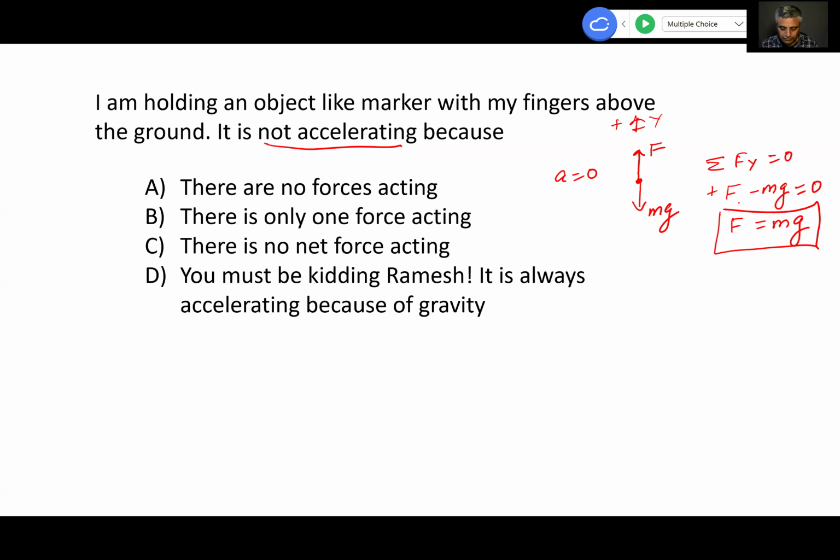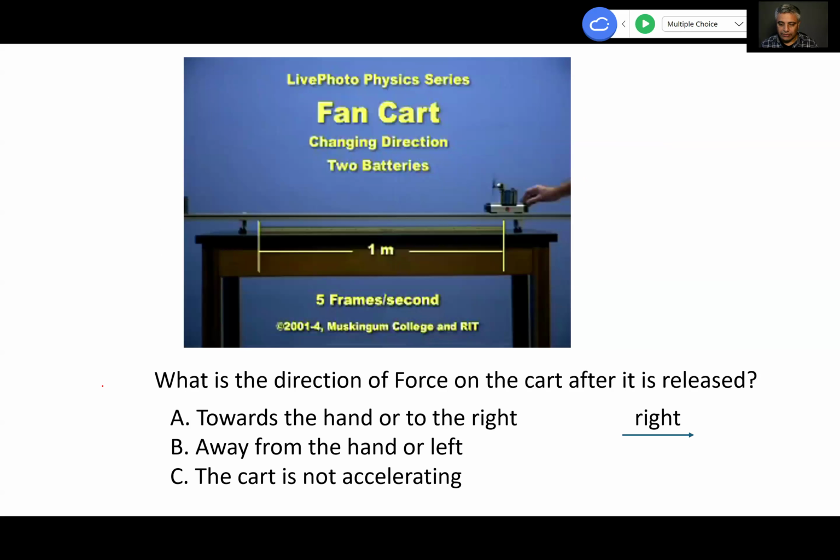So now here is a video of an object. We call that a fan cart because there is a little fan attached to this cart. And in this case, what's going on? You give a push and let it go. What happens? This one slows down, and then after reaching somewhere around here, it kind of turns around.